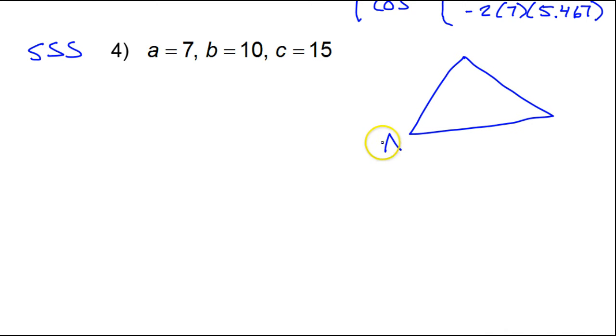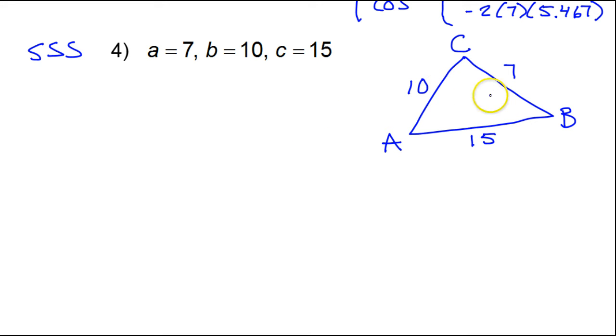So I'm just going to do A, B, C like this. Alright, the order does not matter. But if this is angle A, then side A is here. And if this is angle B, side B must be across from it. And if this is angle C, then side C must be right here.